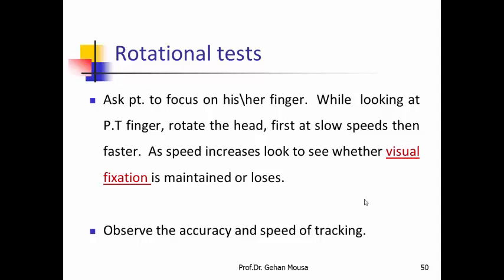Special tests for MS patients to identify visual fixation, to identify vestibular dysfunction and vertigo manifestation, which is the rotational test, by asking the patient to focus his eyeball on a certain subject momentarily, and then the subject or the finger of the physical therapist turns by rotation of the head with maintaining fixation of the eye.